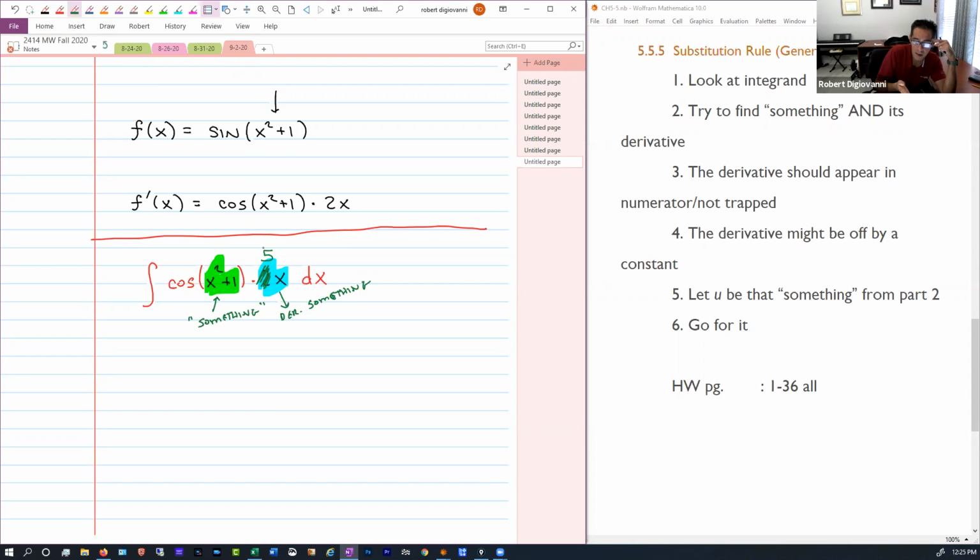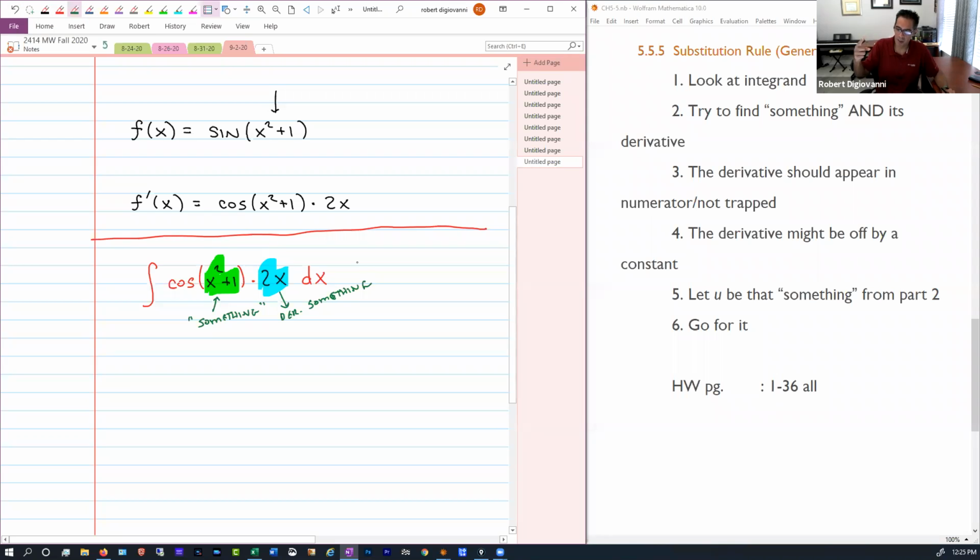Is that okay? Well, according to what step 4 says, the derivative might be off by a constant. You can be off by a constant and the method will still work, okay? So even if that's a 5x, we can still do this, all right? But you can't be off by, let's say that was 5x squared. No go, because then we're off by more than a constant. It has to be x, but then any number you want in front of it. Okay.